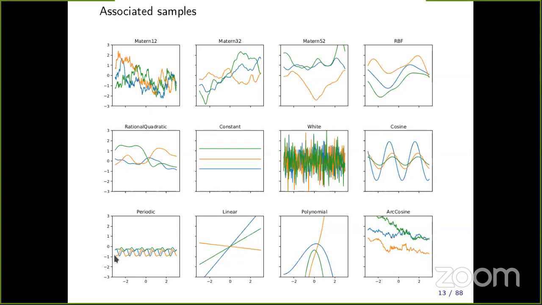If variances have to be positive, then how can you have the covariance between two points be negative? Could you say that again? If the variances have to be positive, then how can you have covariance between two points be negative? Okay. The answer is just you can.